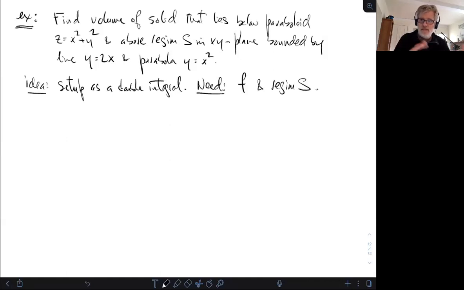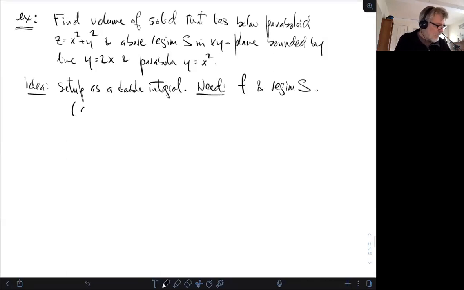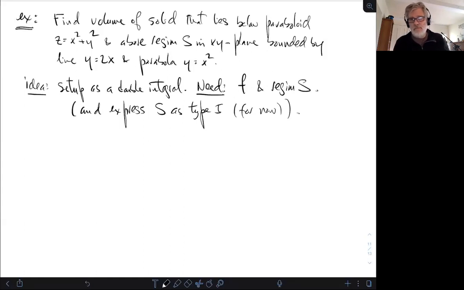We'll see other types later, but for now, that's the only tool we have, okay? And express S as type 1. That's for now. We'll see other possibilities later, but mostly that's it. Right?